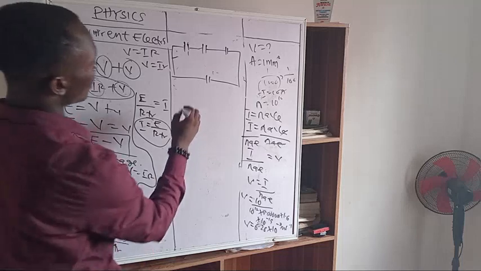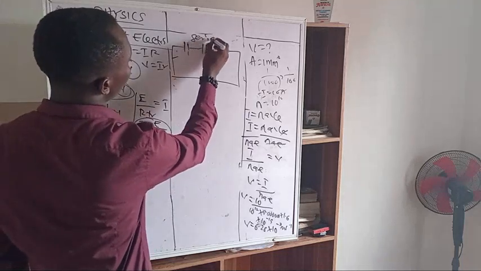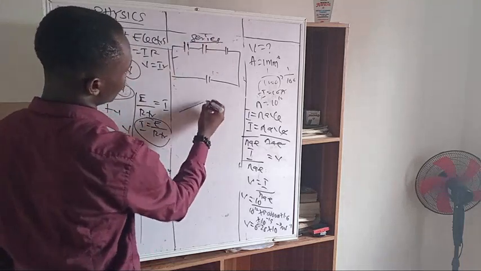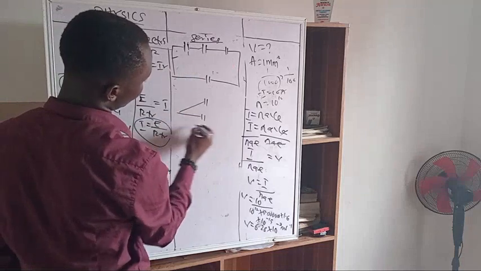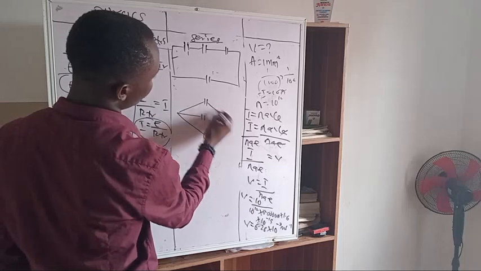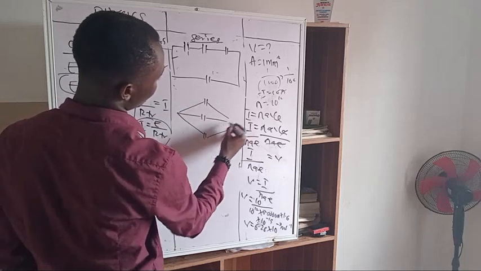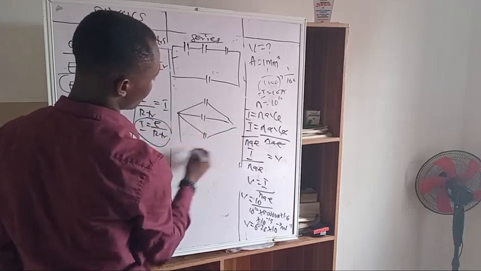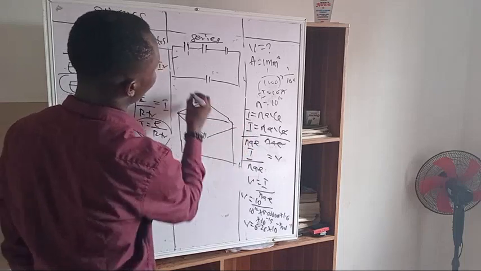But if it's in parallel, this is the series connection. If it's in parallel, they are going to have something of this nature. You have something like this, and this, and this. This is a parallel connection.